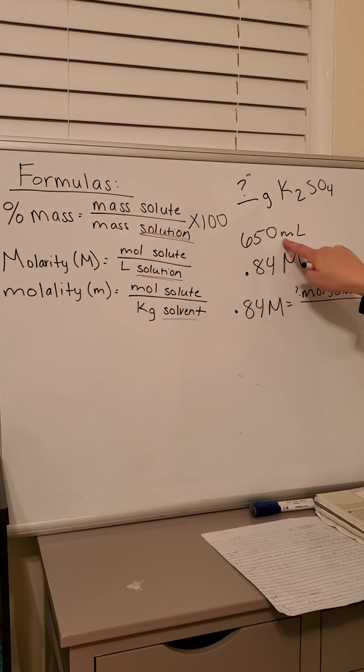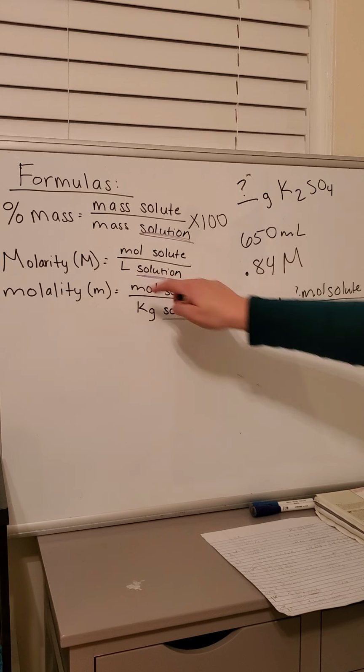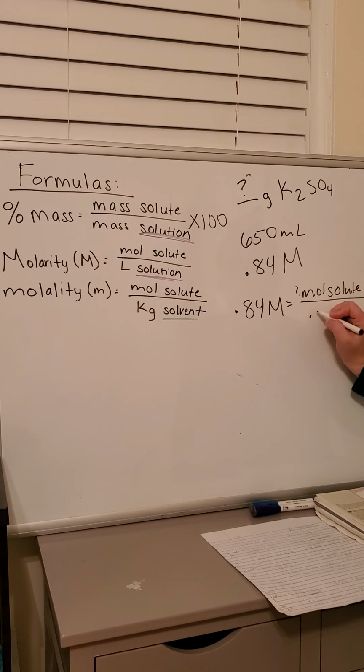Now, 650 milliliters, we want our denominator to be in liters. So that's going to be 0.65 liters. Now, if we were in class, I would ask you, how do we get the numerator by itself? And you guys would all tell me that we would multiply both sides by 0.65.